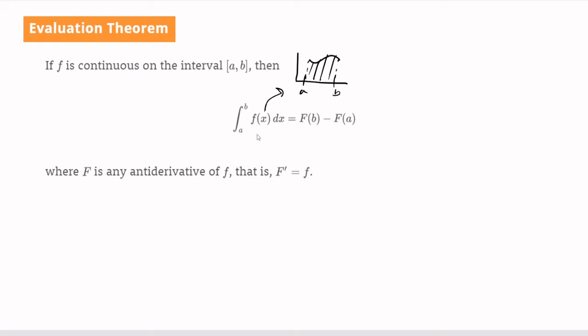So if we have this definite integral here that's somehow representing area in a geometric picture, then we can very quickly solve this. No limit, no rectangles, none of that, by doing the antiderivative of the function in here, plugging in b, then subtracting, plugging in a.